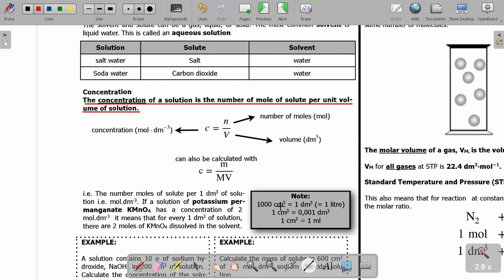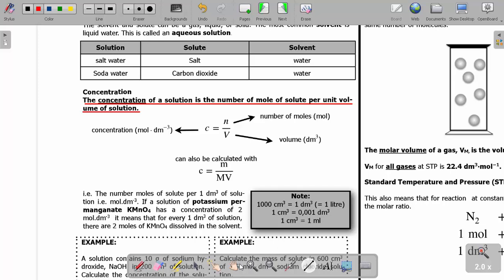Note this for our calculations, that 1,000 cubic centimeters is the same as 1 cubic decimeter, which is the same as 1 liter, and then 1 cubic centimeter is the same as 0.001 decimeters cubed, which is also the same as 1 milliliter.